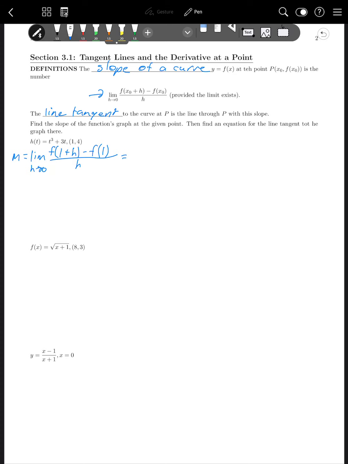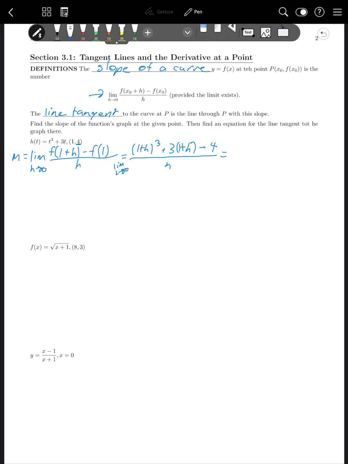So this will be 1 plus h cubed plus 3 times 1 plus h, minus f of 1, which they told us from the point, so f of 1 is 4, right? Because f of 1 just means y, so minus 4 over h. And I forgot to write the limit, so I'm just going to add that in here, small.